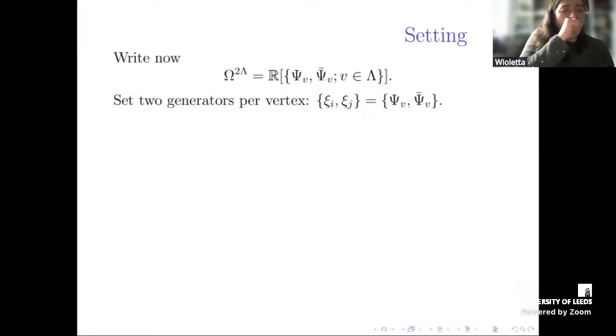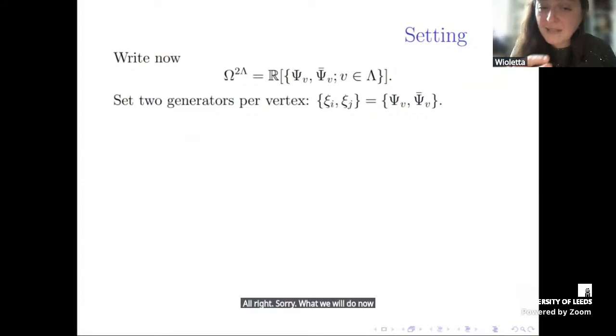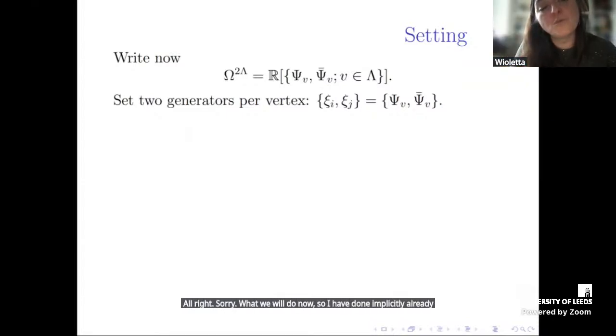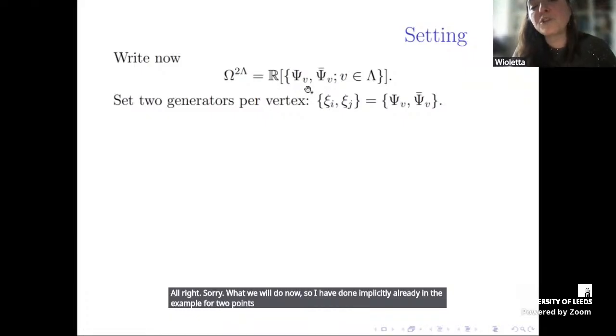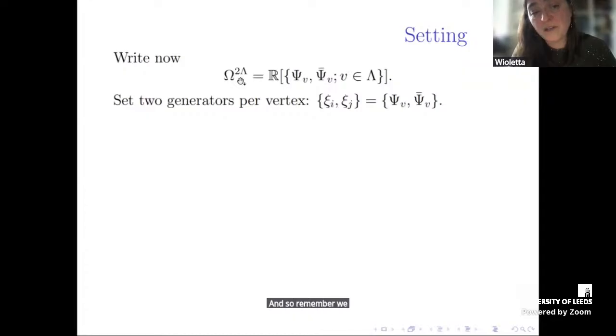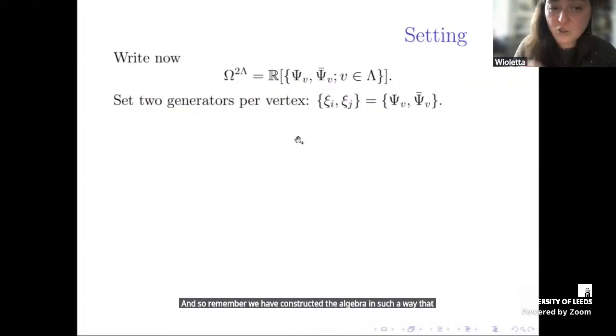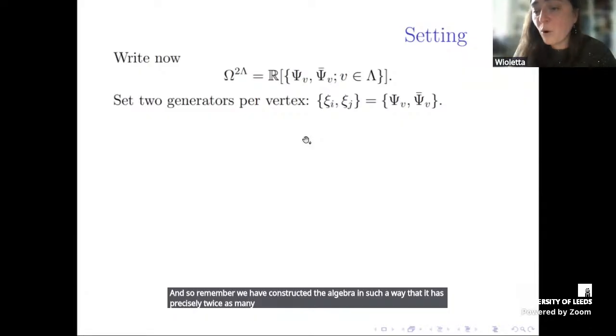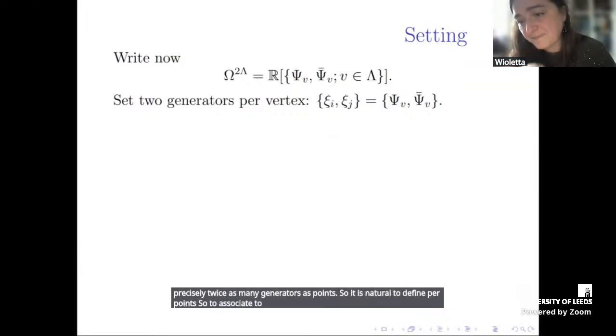All right. Sorry. What we will do now, which I have done implicitly already in the example for 2 points, is change the notation a little bit. Instead of psi i, psi j, we will consider psi v, psi bar v. Remember, we have constructed the algebra in such a way that it has precisely twice as many generators as points. So it is natural to associate to each point 2 generators.